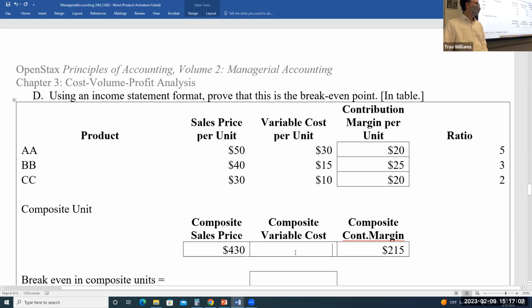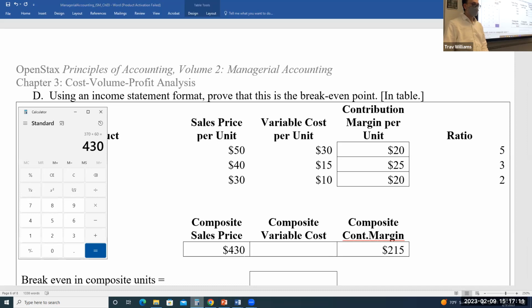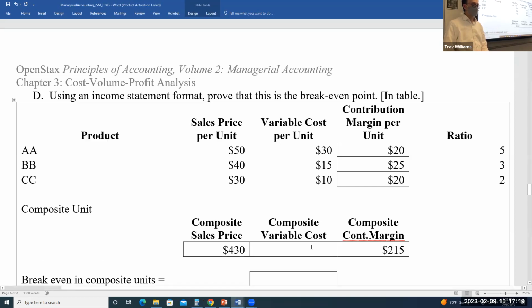To get our variable costs, now we can just find the difference. Sales price minus contribution margin happens to also be 215.